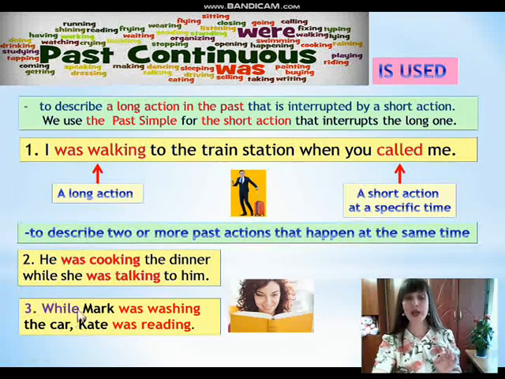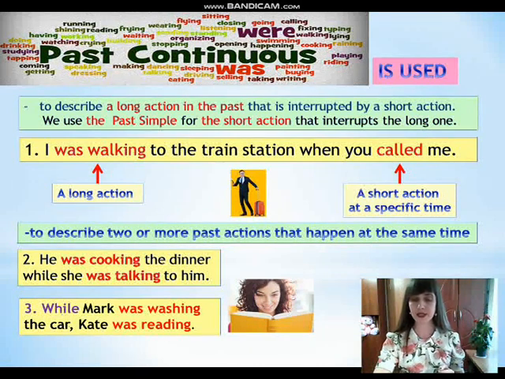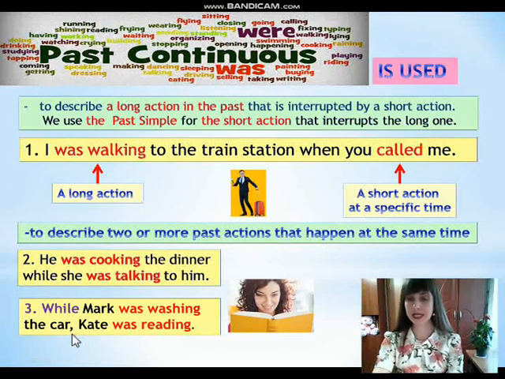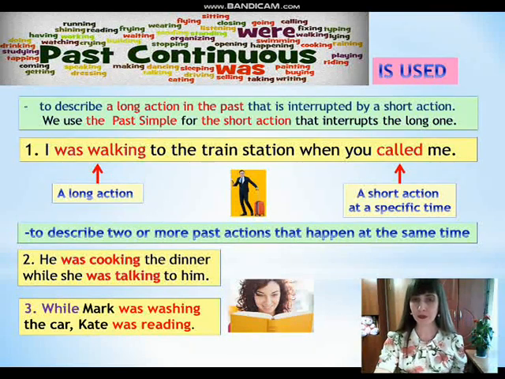So, if we have while at the beginning of the sentence, we must write a comma. We must write a comma here, and there is a pause. While Mark was washing the car, Kate was reading.